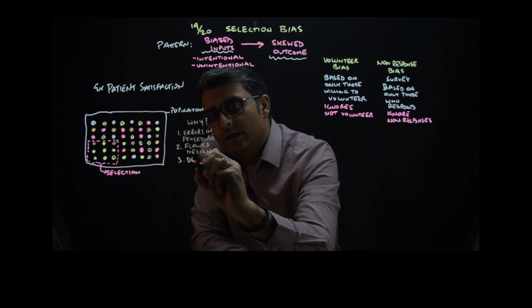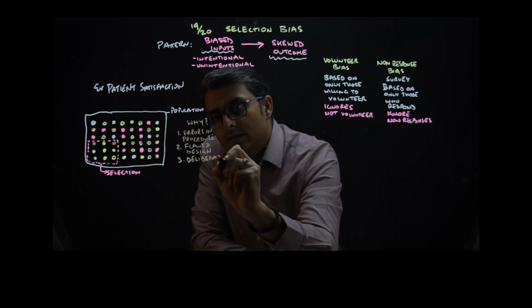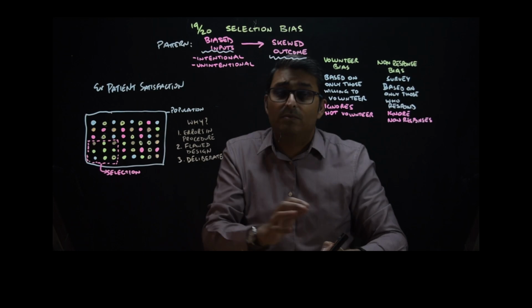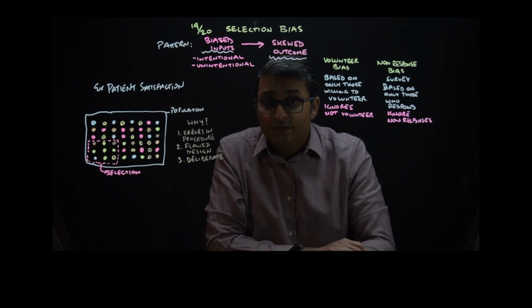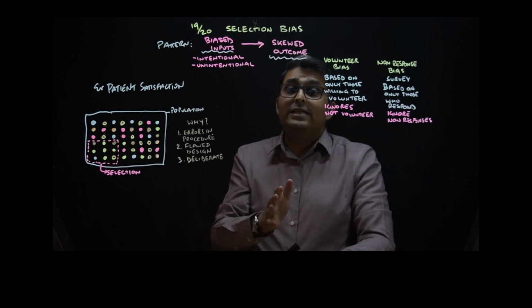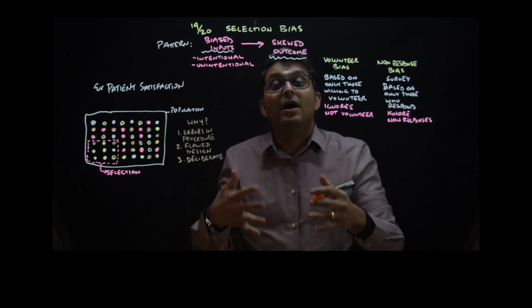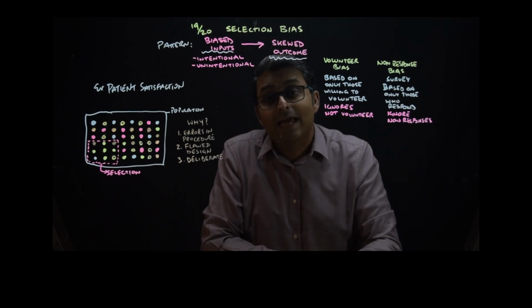Number 3, and I'm going to call this deliberate. So seeking a deliberate outcome is what I'm trying to say. The people making the selection may want to show a specific outcome and therefore may select inputs that work in their favour to get the intended outcome.